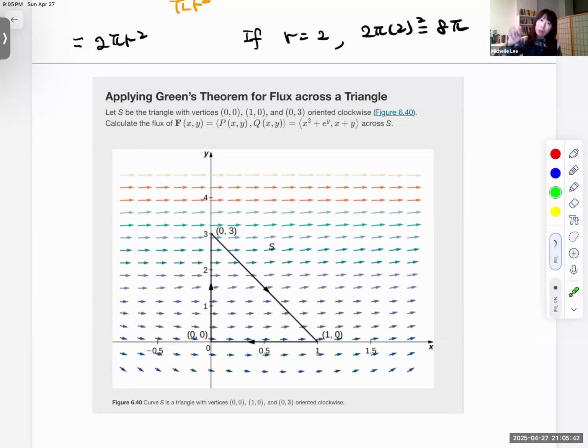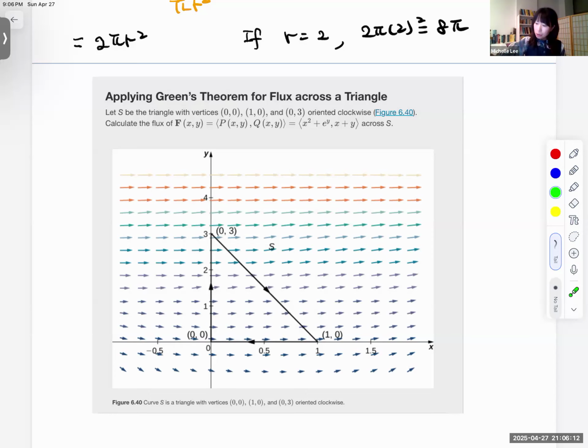Normally we have counterclockwise, but in this case it's clockwise. Then we want to calculate the flux. But in order to apply Green's theorem, we have to have counterclockwise orientation. Then how do we make counterclockwise orientation? We just put the negative sign.